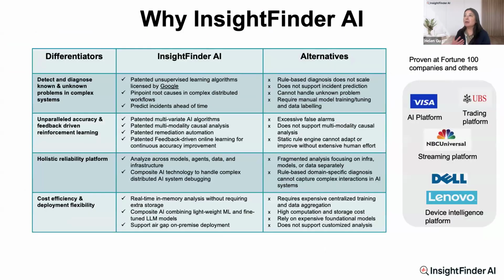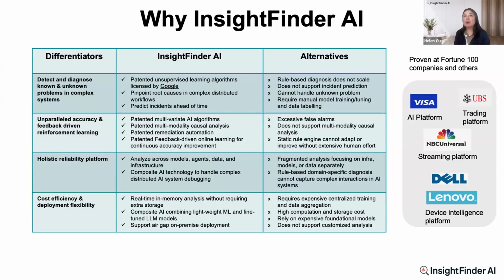We have been working on this with quite a lot of Fortune 500 companies, and what we saw is that customers really like that they can use InsightFinder to detect both known and unknown problems. They all see that the accuracy of alert noise and problem detection becomes much better, because we are employing not just simple threshold-based or rule-based alerting.